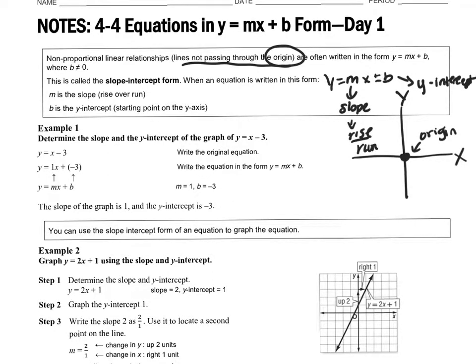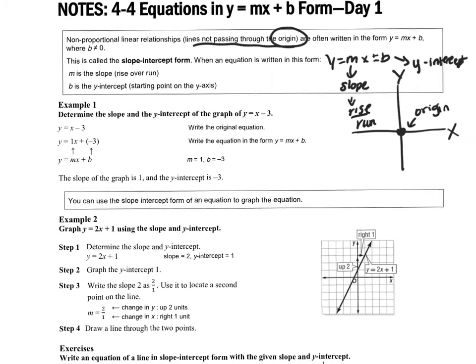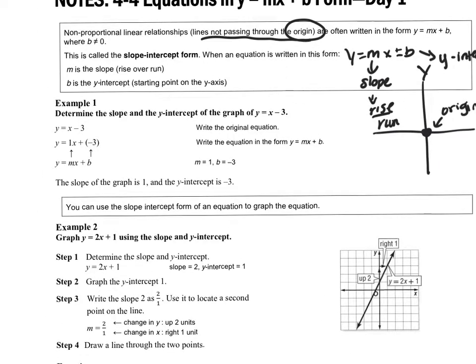Example 1 says write the equation y equals x minus 3. It's wanting you to see it in y equals mx plus b form. It already is in that form, but they want you to identify the slope. What is the m? It's 1. I'm going to write a little bigger so you can see.